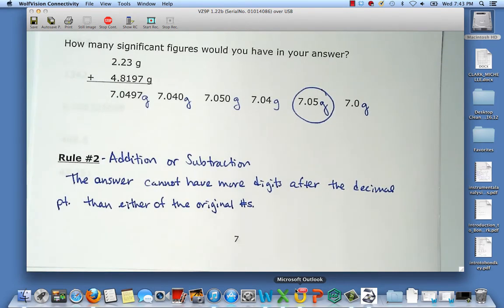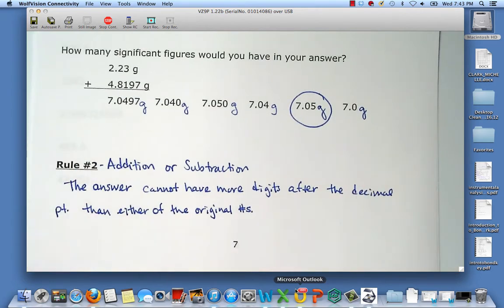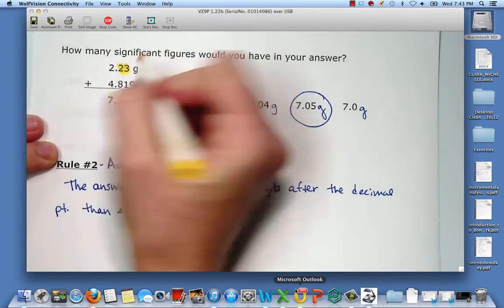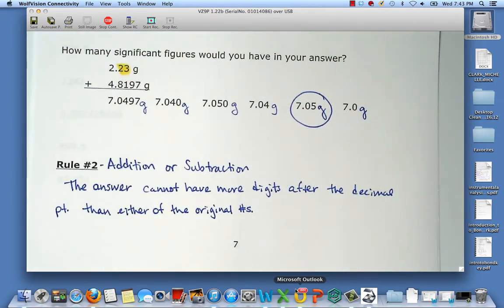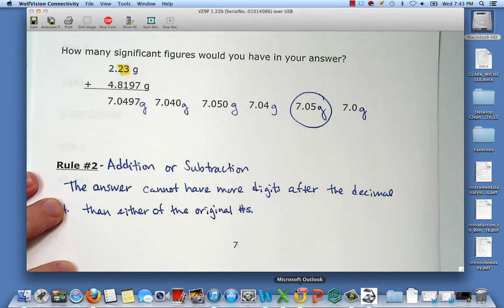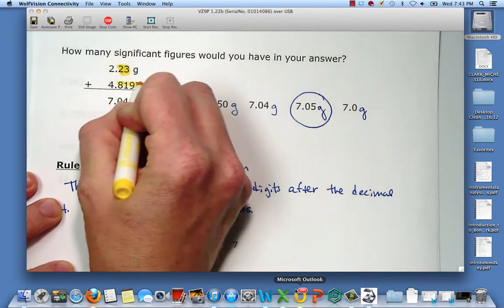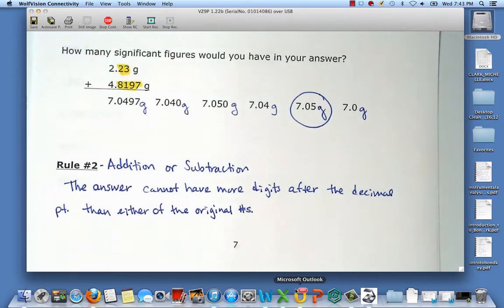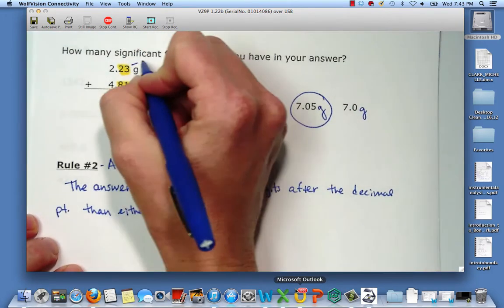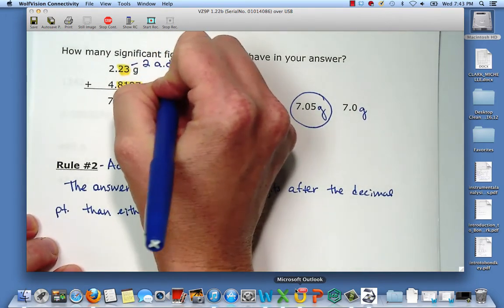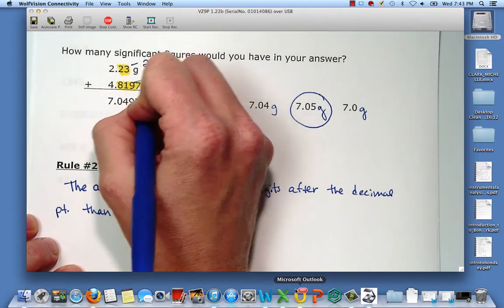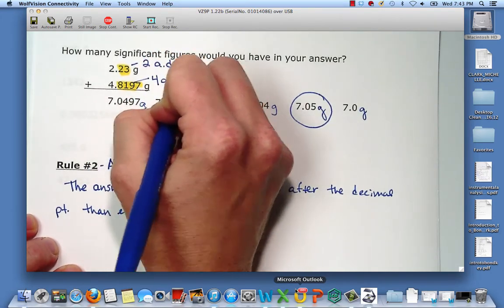So now with addition and subtraction, you have to look at after the decimal point. This number, 2.23, how many are after the decimal point? 2 after the decimal point. 4.8197 has 4 after the decimal point. So this is 2, and I put AD. 2 after the decimal point, 4 after the decimal point.